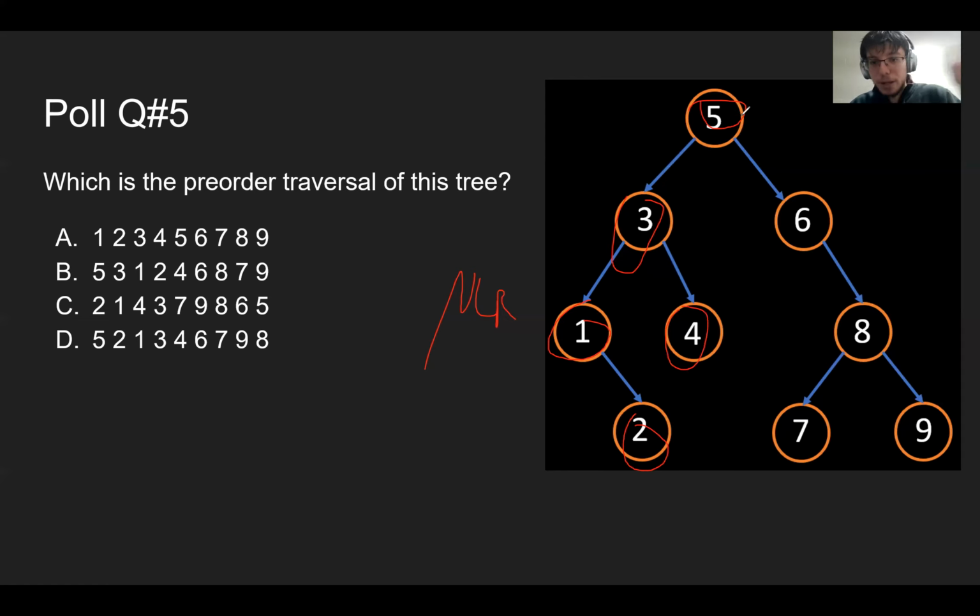We can't go any further, we go back up. Prioritize left or right, we already went right. So we get 6 now. So far we've had 5, 3, 1, 2, 4, and 6, right? Again, can't go left, so go right. Now we prioritize left over right, so choose 7, and then we choose 9. And the answer, I believe, is this one.